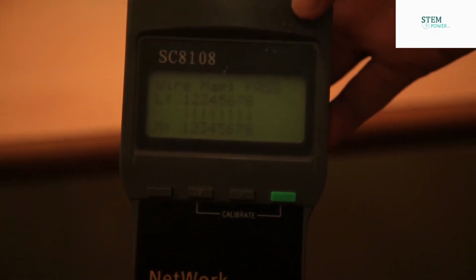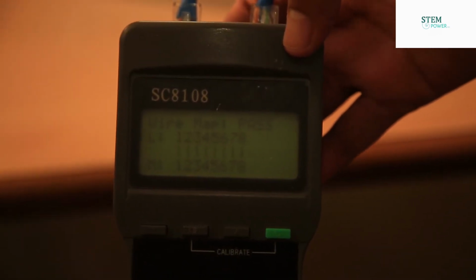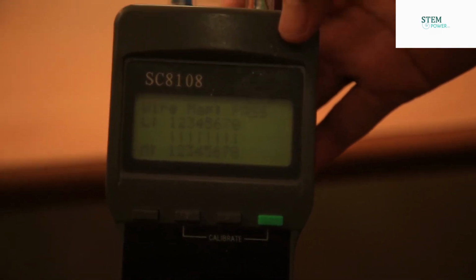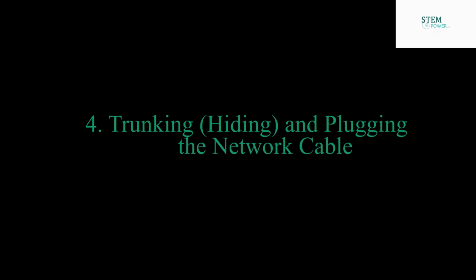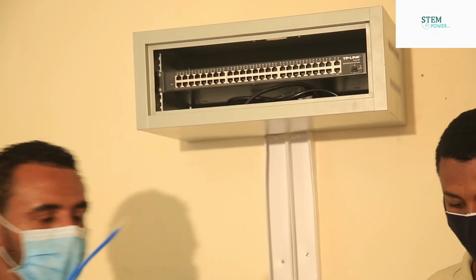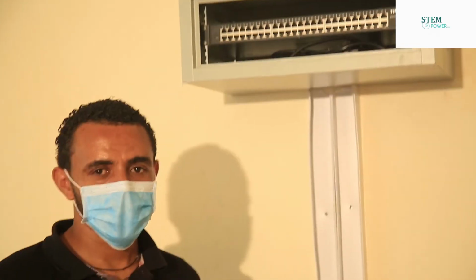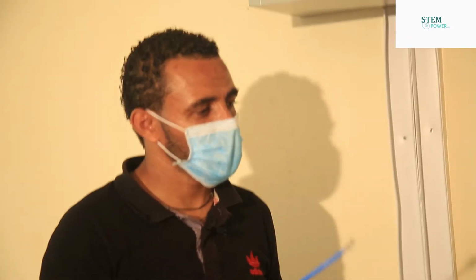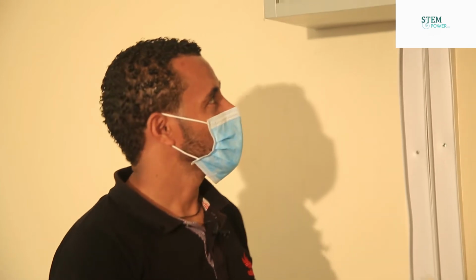Sometimes the network tester may show fail. If it fails, we have to crimp it again. Now crimping is over and 31 network cables are ready for the 31 computers.